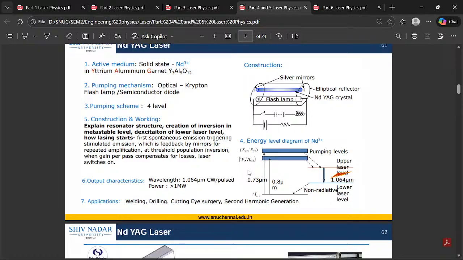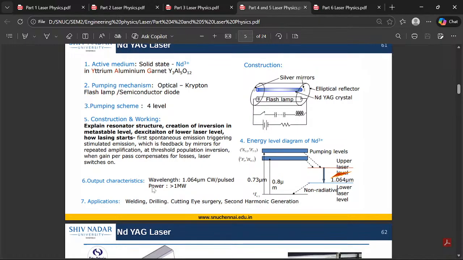I think point 5 is pretty much the same for all the lasers. First, spontaneous emission triggers the stimulated emission, which is fed back by the mirrors for repeated amplification, and then at the threshold, it maintains the lasing action where the gain per pass is equal to loss per pass, so the laser gets switched on.